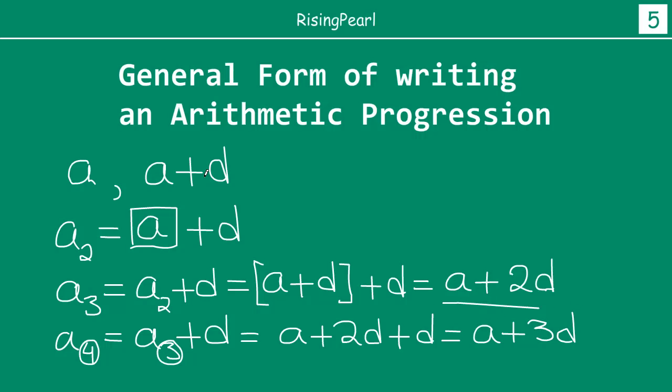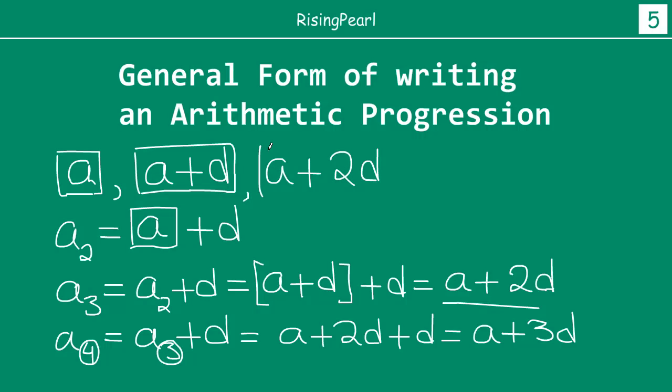So as you can see, the first term is A, the second term is A plus D, the third term is A plus 2D, the fourth term is A plus 3D, and it goes on and on.